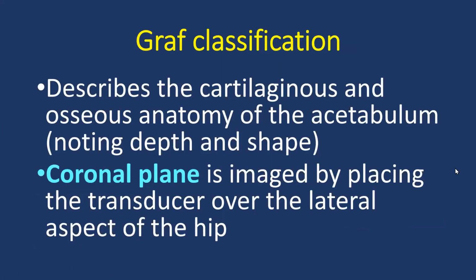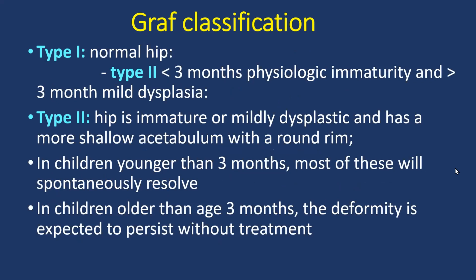Graf classification describes the cartilaginous and osseous anatomy of the acetabulum, noting the depth and shape. Coronal plane is imaged by placing the transducer over the lateral aspect of the hip. Type 1 is a normal hip. Type 2, less than 3 months, physiologic immaturity, and at 3 months, mild dysplasia.